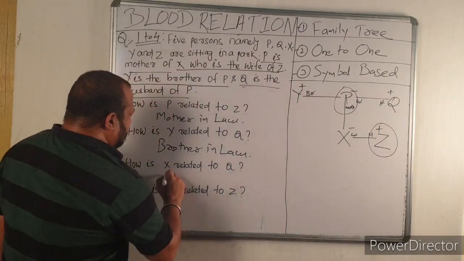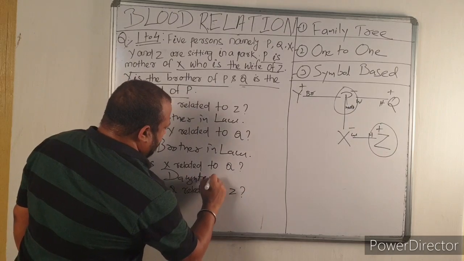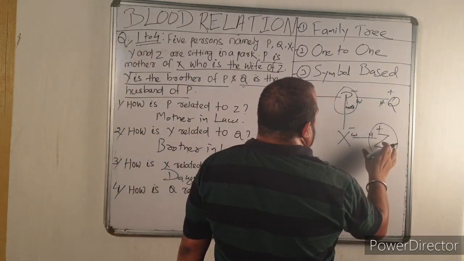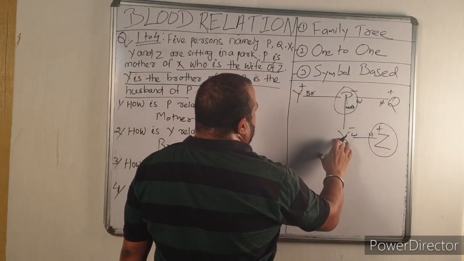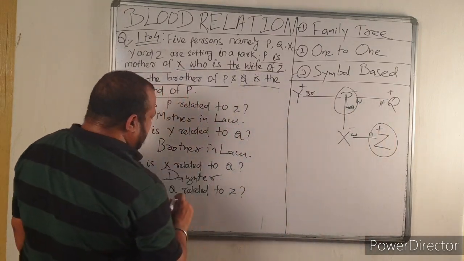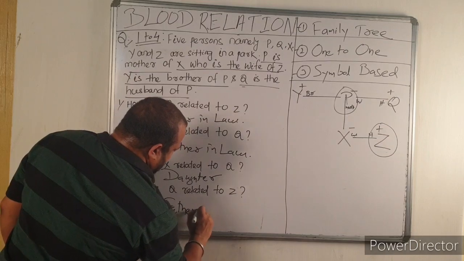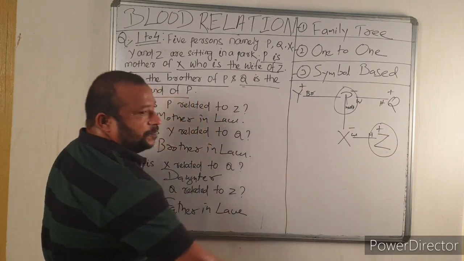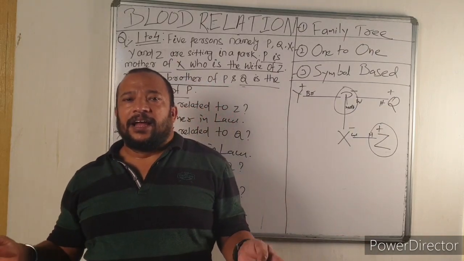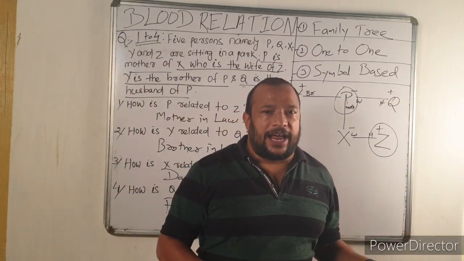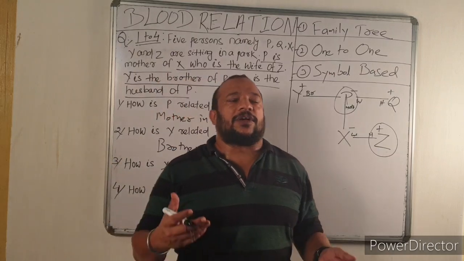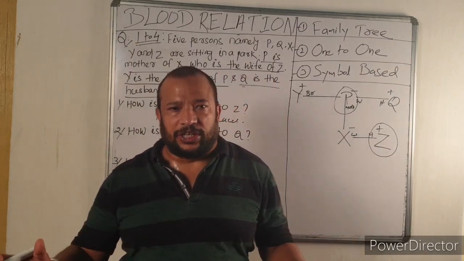Wife's daughter means the relation is daughter. How is Q related to Z? Q and Z. Wife's father. So the relation is father-in-law. In this way, you can draw a family tree, and after that you can answer each and every question.